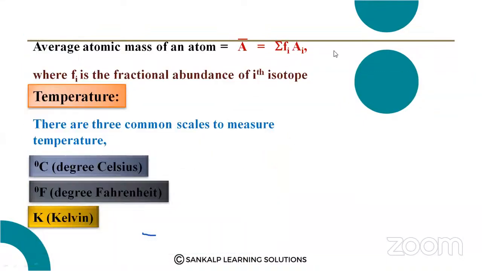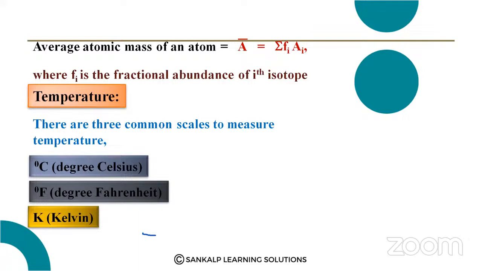Next, how do you calculate the average atomic mass? When do you find average atomic mass? When a particular element shows different atomic masses, as with isotopes. What do you mean by isotope?